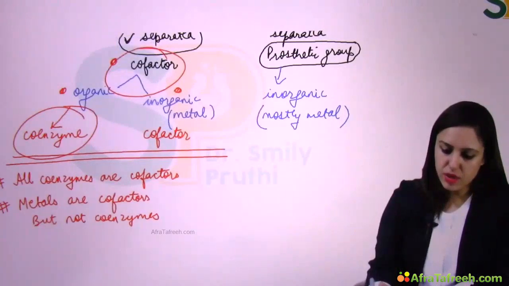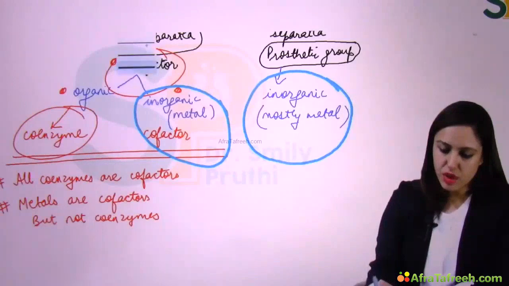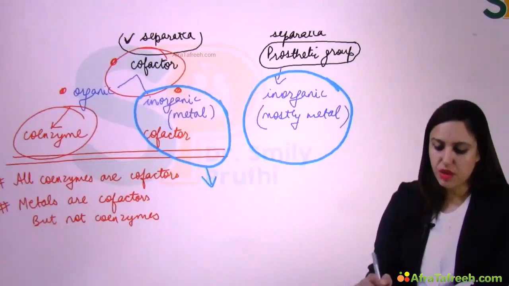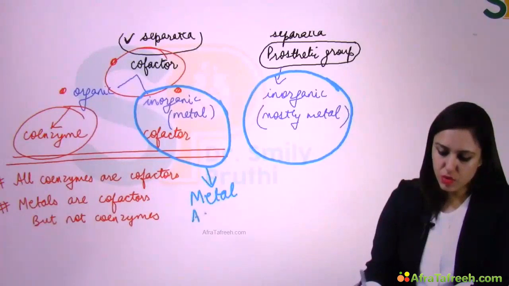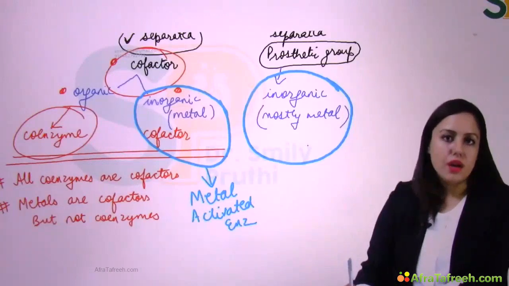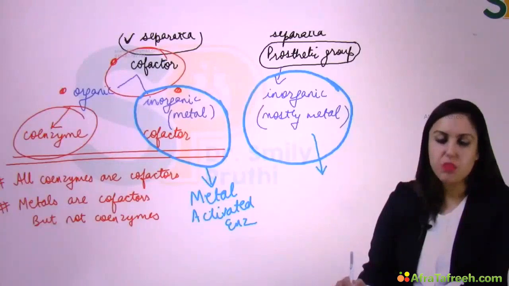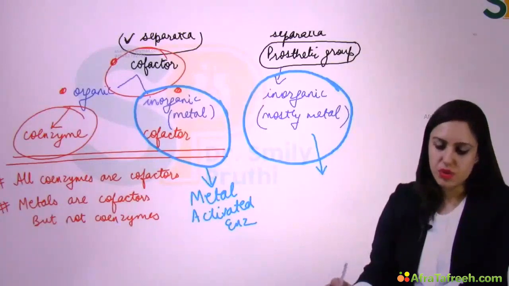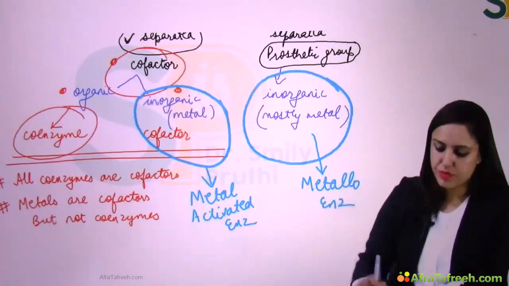Okay, now see the next thing. Metal can be cofactor, metal can be prosthetic group. If some enzyme is using metal as cofactor, then that enzyme is known as metal activated enzyme. If, on the other hand, some enzyme is using metal as prosthetic group, then it is called metalloenzyme, right?